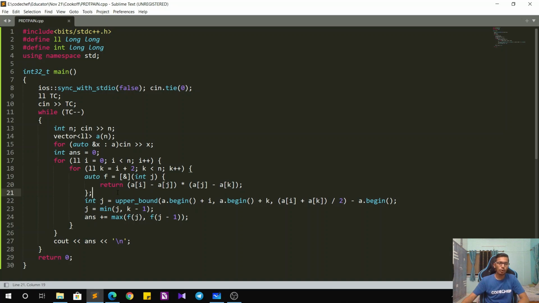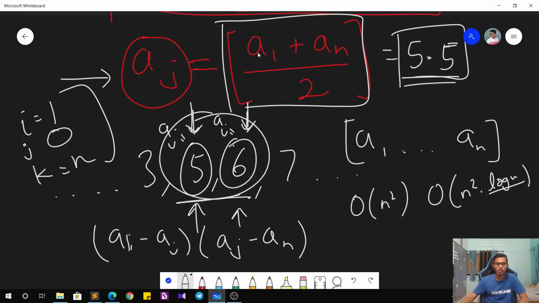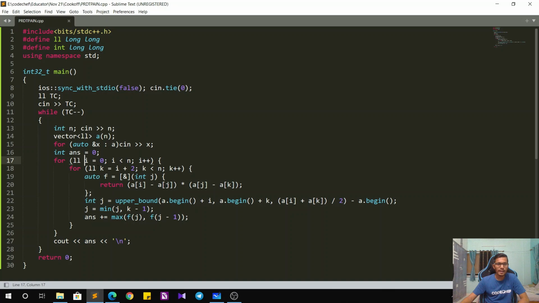Okay, and how do I find the value of j? So I apply an upper bound on (ai plus ak) divided by 2, that is basically (a1 plus an) divided by 2, just as we saw over here. So a1 and an are the extremes. So for our subarray, ai and ak are the extremes. So I apply an upper bound on that. Then I do a check like j is equal to min of j comma k minus 1. Why?